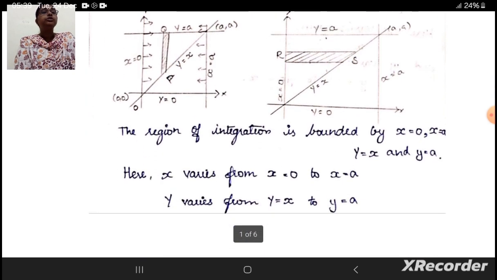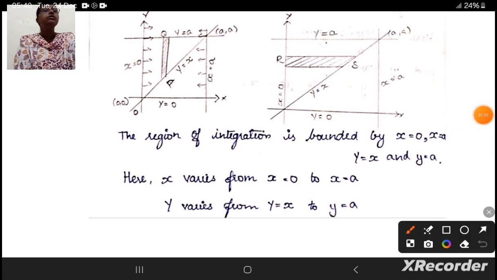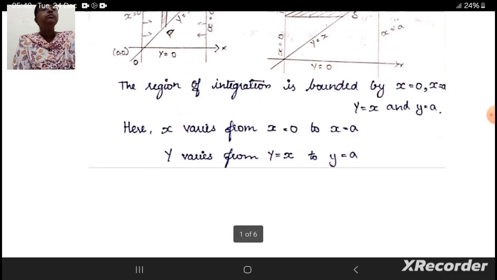So the limits are changed as x limit and y limit. dy dx changes to dx dy, and the limits are x equal to 0 to x equal to y, and y equal to 0 to y equal to a. As it is changed, we move on to the next region.